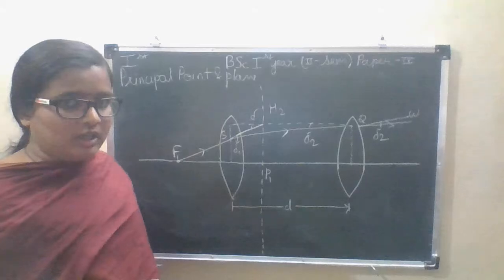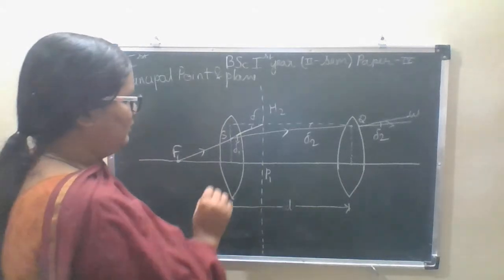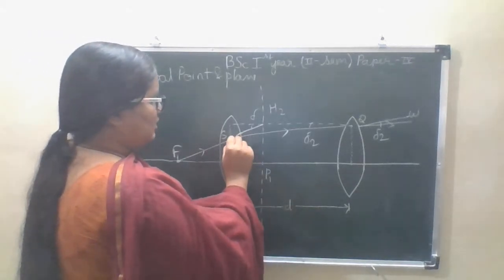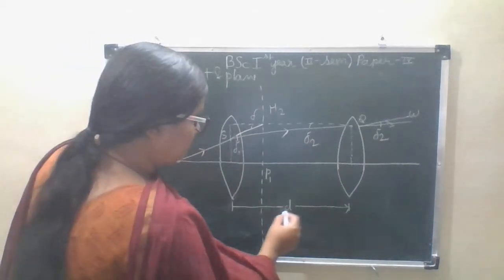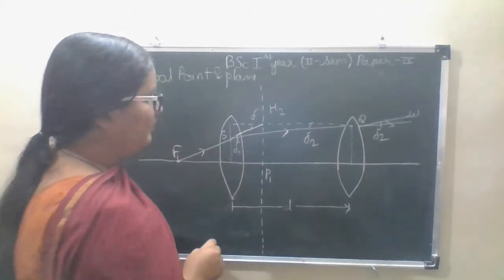Okay, now what we will do, we will consider this incident ray. This is the incident ray, and this is the distance between the two lenses.